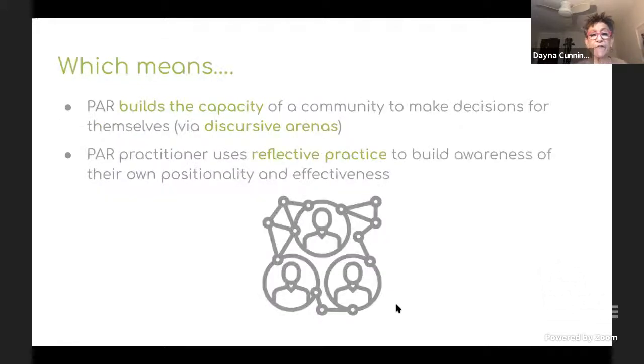And finally, very, very important for the process, it must include capacity building. The way in which capacity is built is through what we call discursive arenas, spaces where community members and researchers can together step back and have room to make sense of what they are learning.